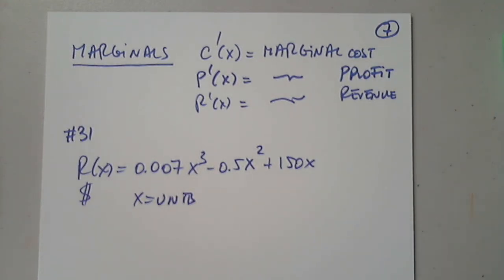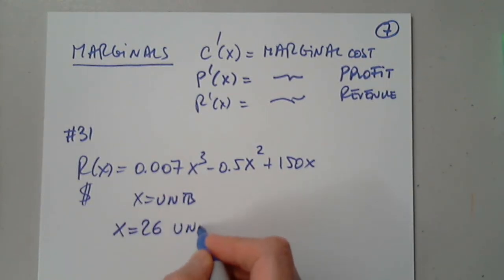They are currently selling 26, so that's my x, 26 units. Fine. What is the current weekly revenue? That's part A. Any suggestions on how to determine that?